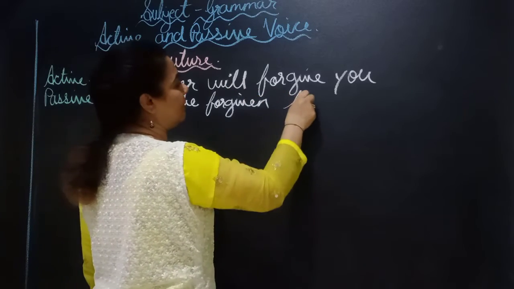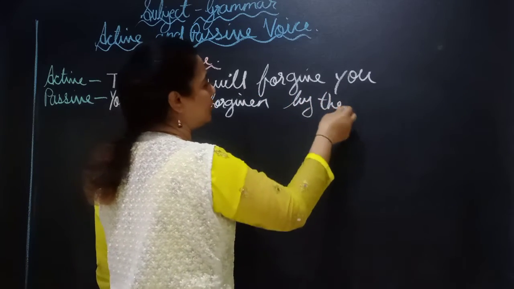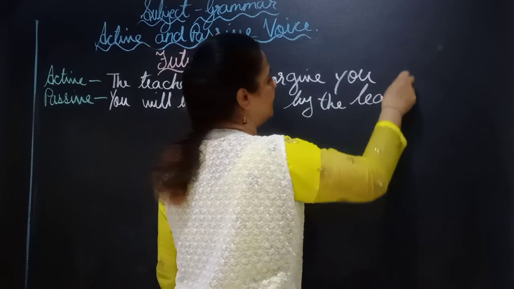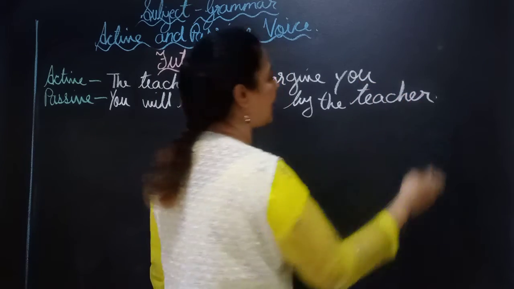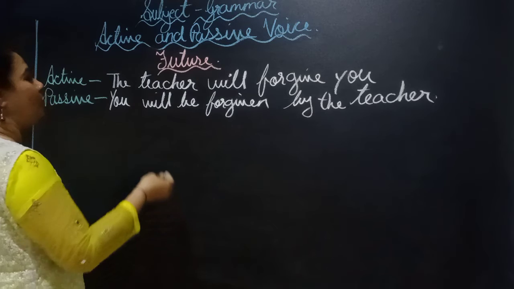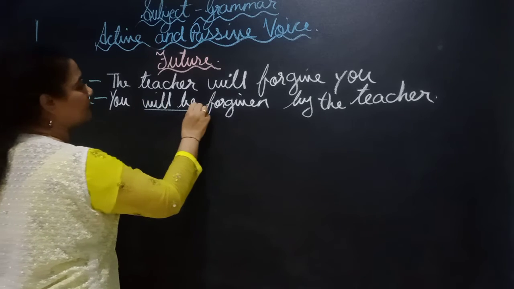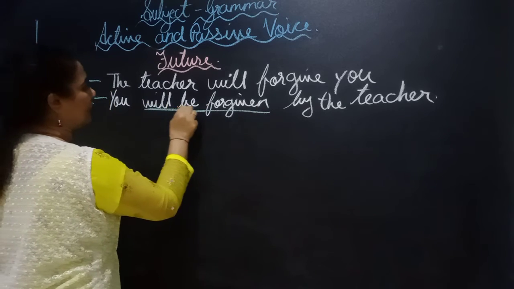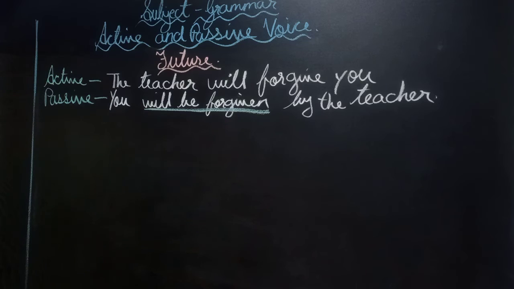Forgiven by the teacher. So what have you added? Will plus be plus the past participle of forgive, that is forgiven. Alright, understood? Now, next one. One active and one passive.